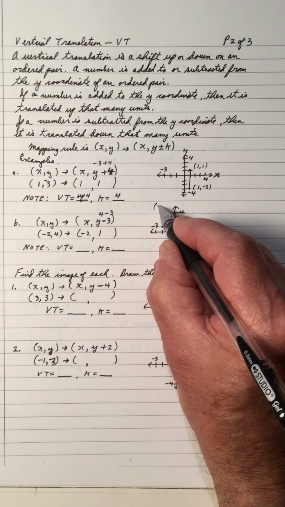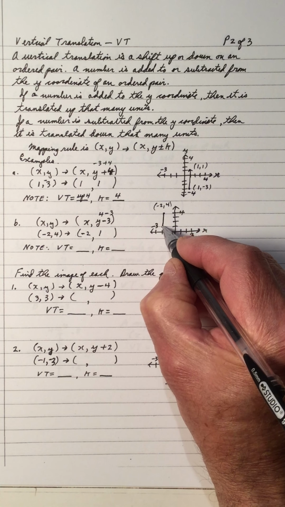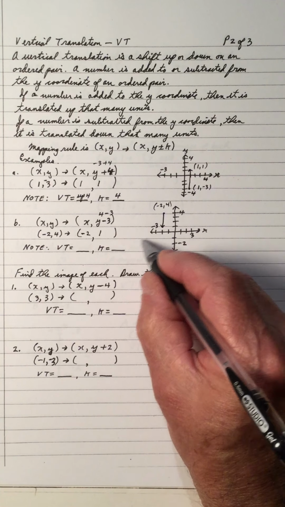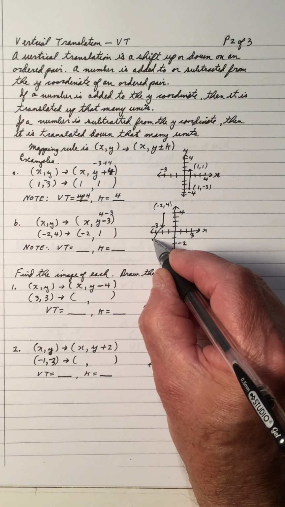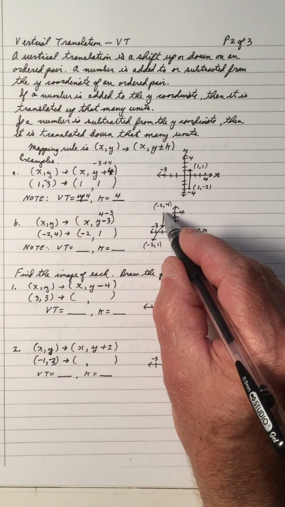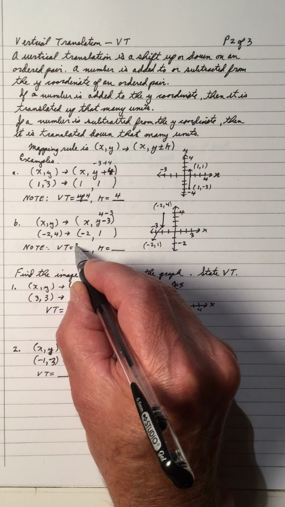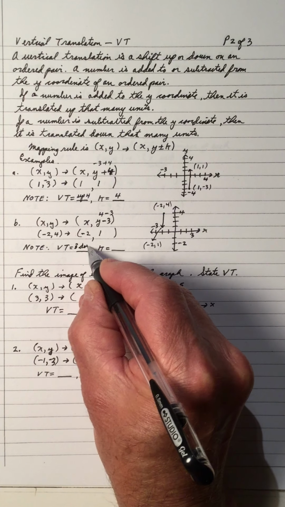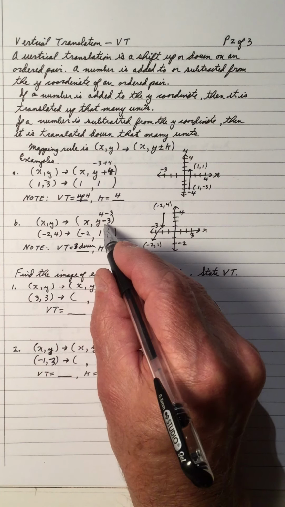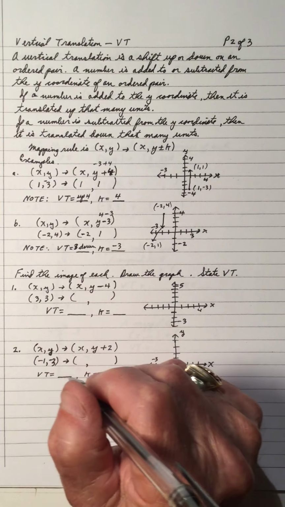So we went from (negative 2, 4) and we went down to this point right here, (negative 2, 1). So notice minus 3. So we went 3 down or down 3, whatever way you want to say it. That's 3 down, and that's a minus, you're subtracting. So k is negative 3.